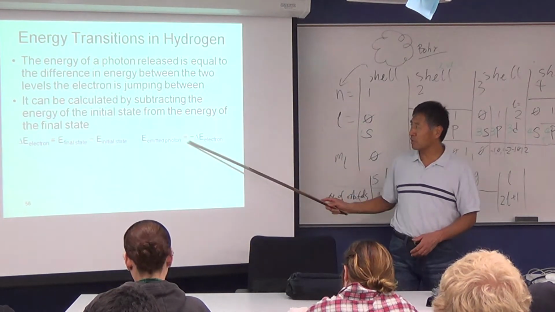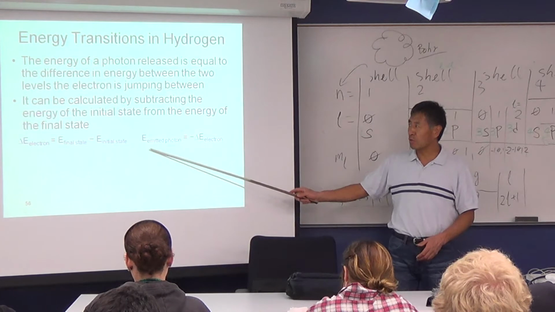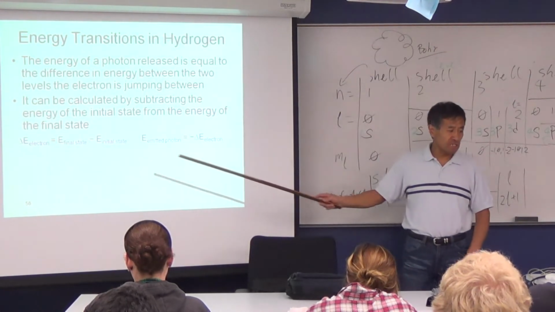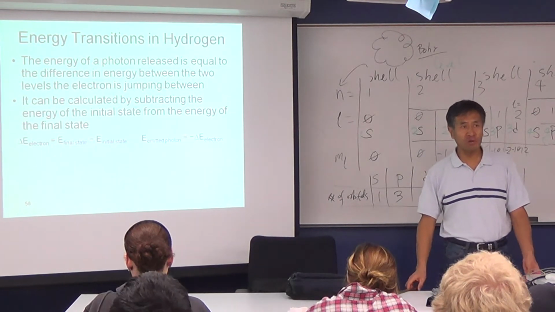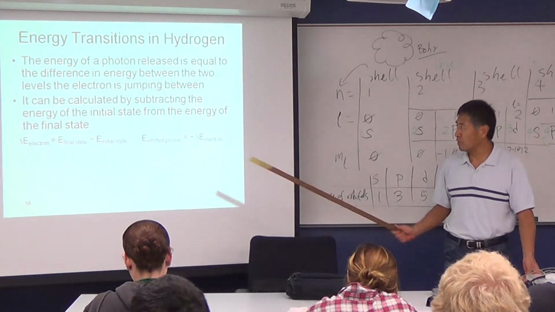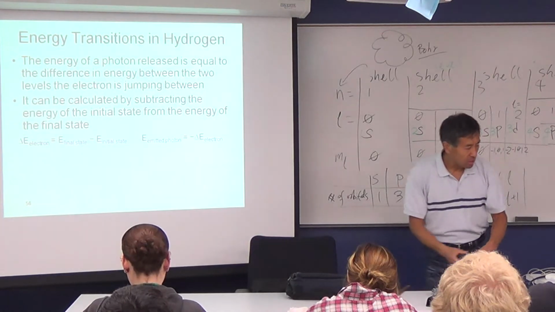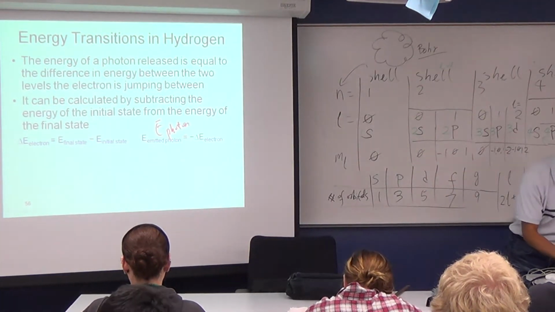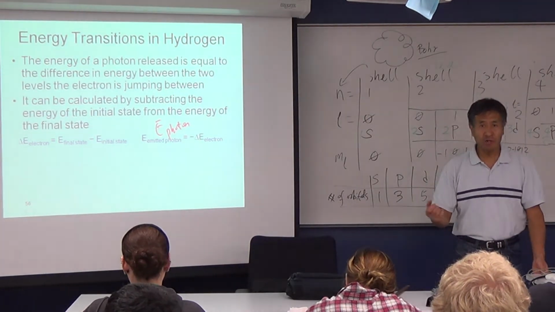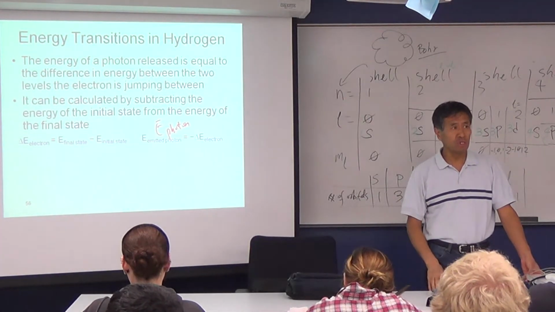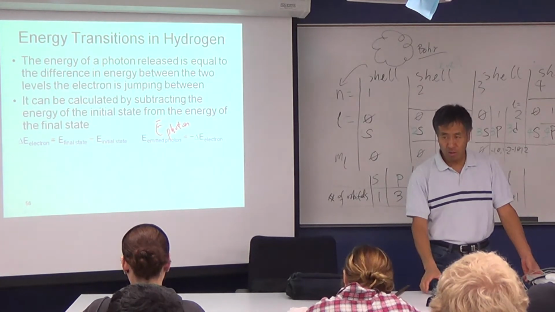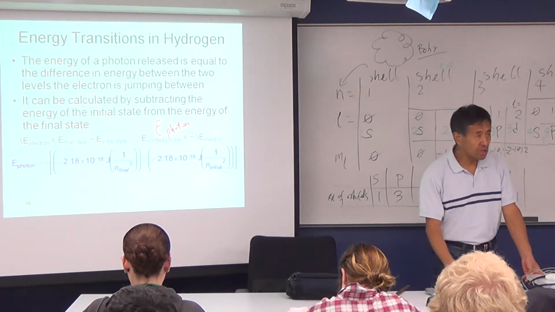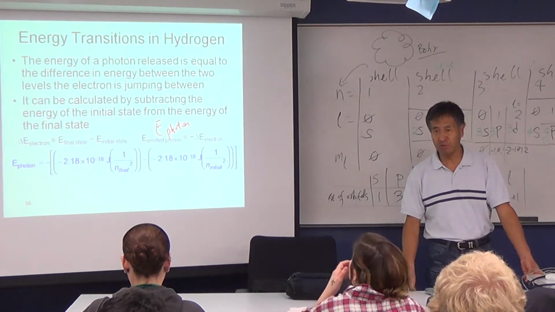So how much the electron gains or loses equals the photon energy emitted or absorbed. I think in the first few sections you learned how to calculate this. I just simply call that E photon, and you can calculate E photon whether it is absorbed or emitted. And then the question is, how do you calculate the energy change for the atom?